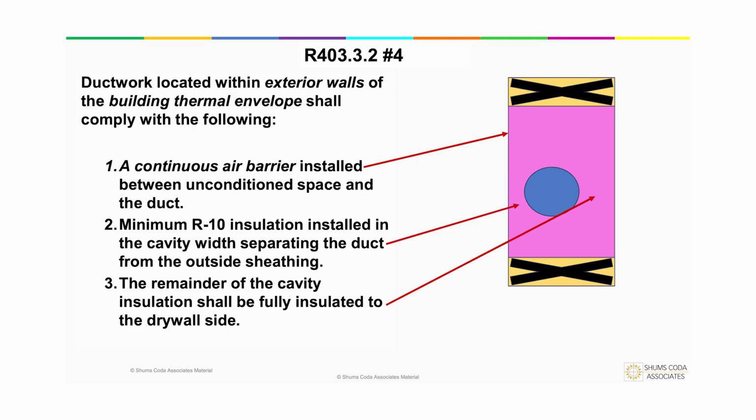And then the third thing is the rest of the insulation just has to be fully around it. So where we would have to have an R30 cavity wall, I'm just throwing that out there, 10 of it would have to be behind the ductwork, and then obviously everywhere else you can have the R30. You aren't going to get an R20 in front of that ductwork, but you are going to fill that ductwork where that ductwork is.